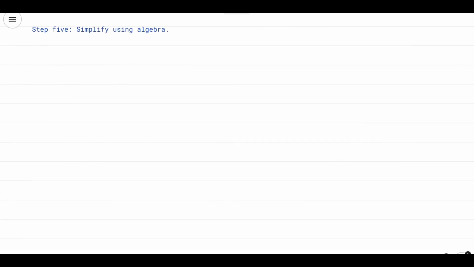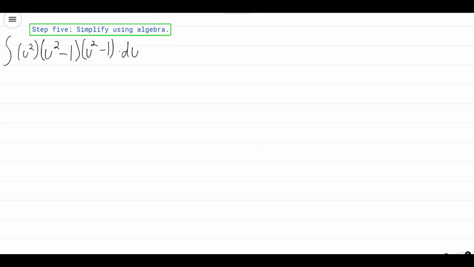What we're going to do is simplify this using algebra. What we have right now is u squared minus 1 times u squared minus 1 times du, because the secant tangent times secant tangent canceled itself out. The first thing we're going to do is FOIL those last two terms.